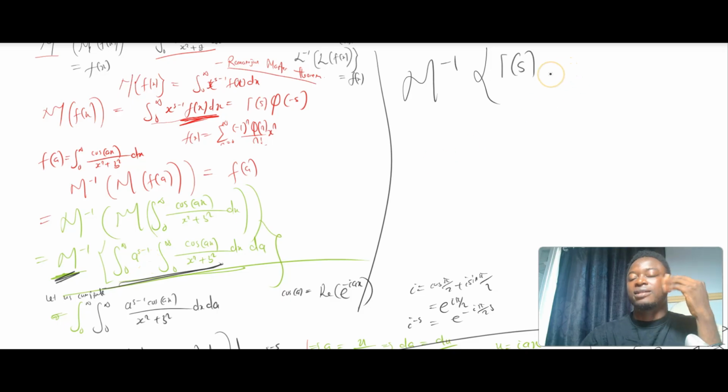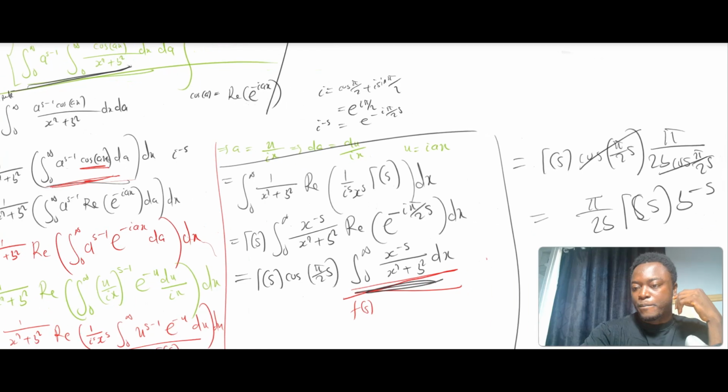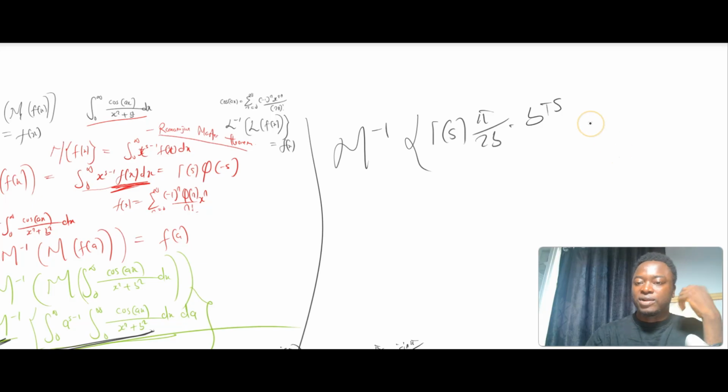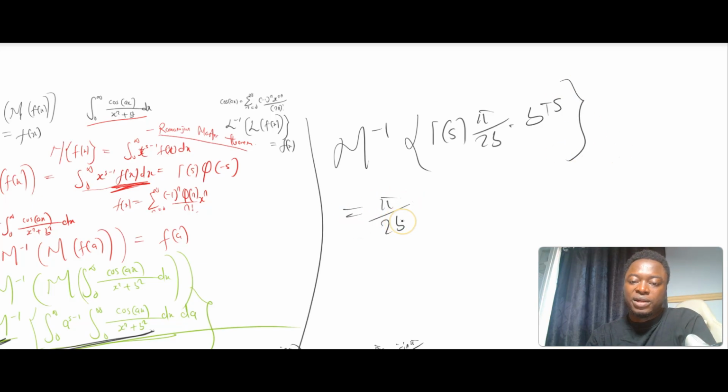So it's gamma of s, then pi over 2b times b to the negative s. Yeah, so we can factor out everything not concerning s. So you have pi over 2b times the inverse Mellin transform of gamma of s b to the negative s.